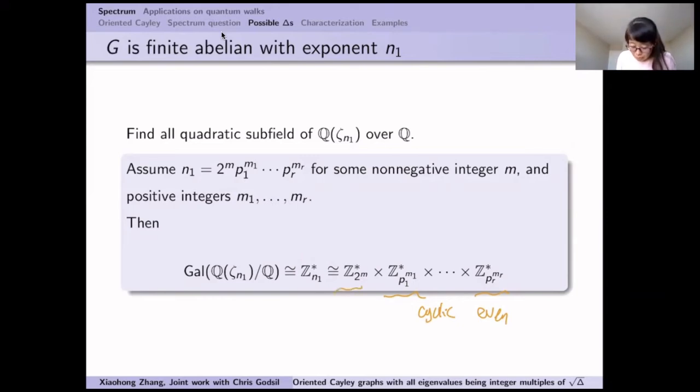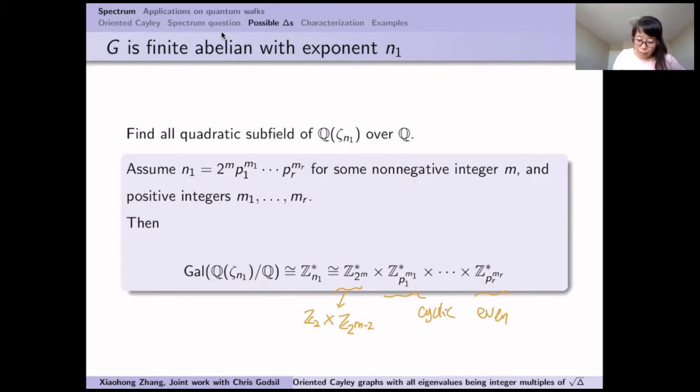For the power of 2 part, it's a bit different. It's a direct product of a cyclic group of order 2 with a cyclic group of order 2 raised to m minus 2. When m is small enough, we can just check directly Z4 or Z2.